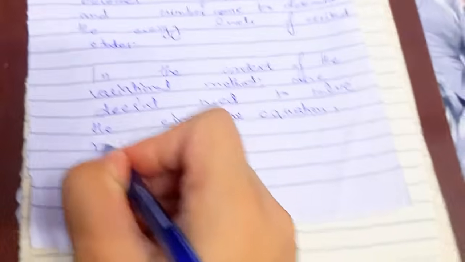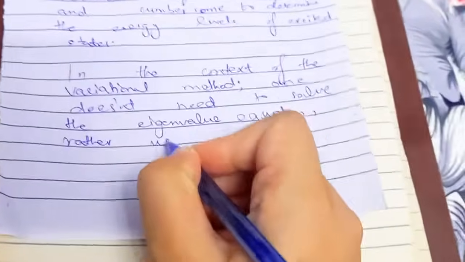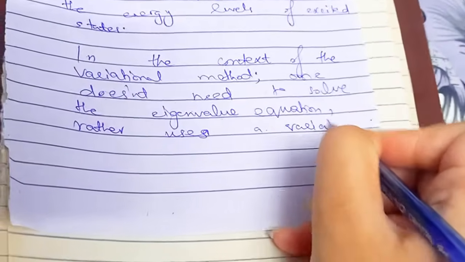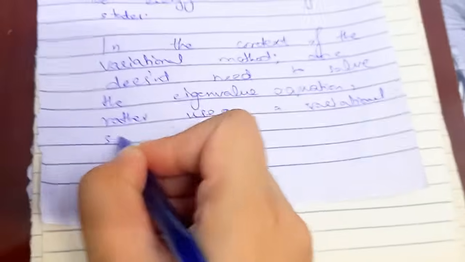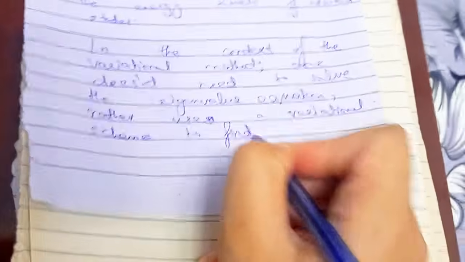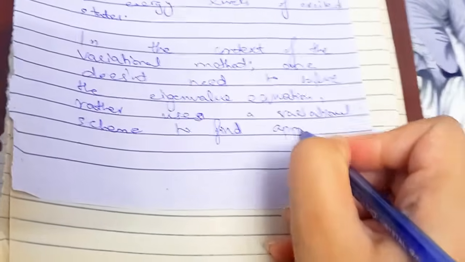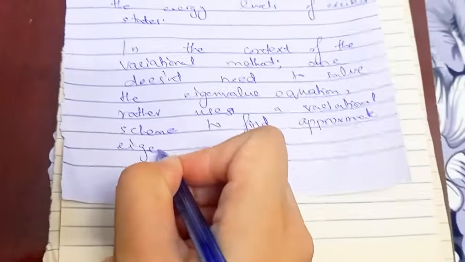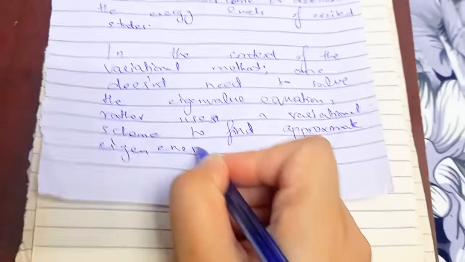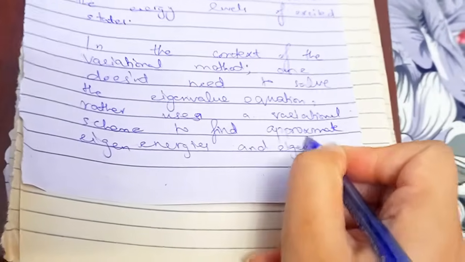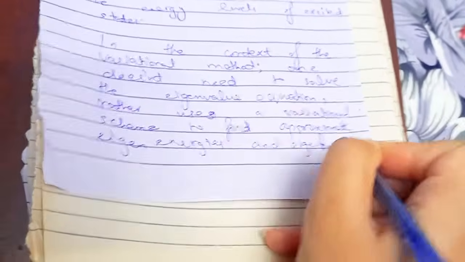Rather, one uses a variational scheme to find approximate eigenenergies and eigenfunctions from the variational equation.